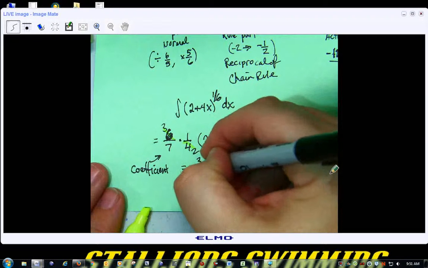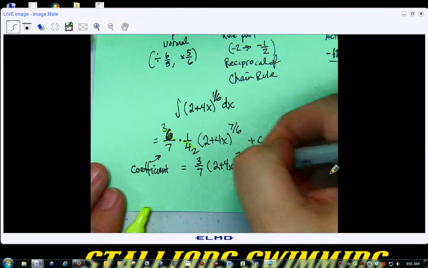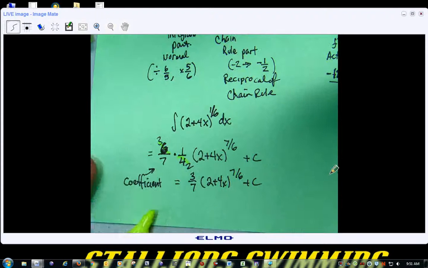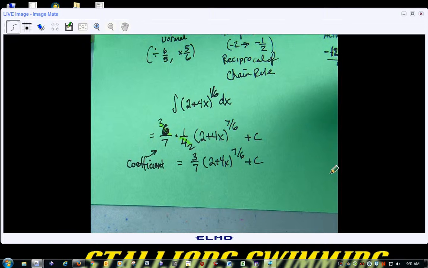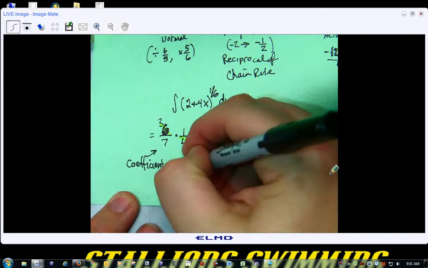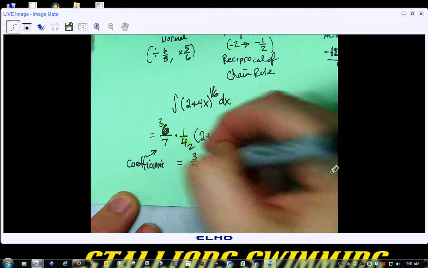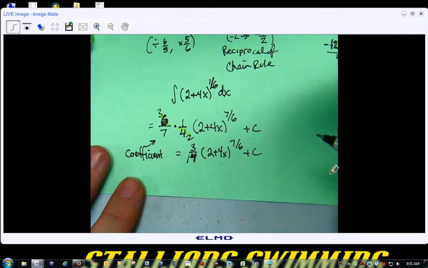Sorry about that, because I simplified. So I got 3/7. Now let's take the derivative of it. I like 3/7 better. 3/14, I'm thinking about home improvement. 3/7 is easier.